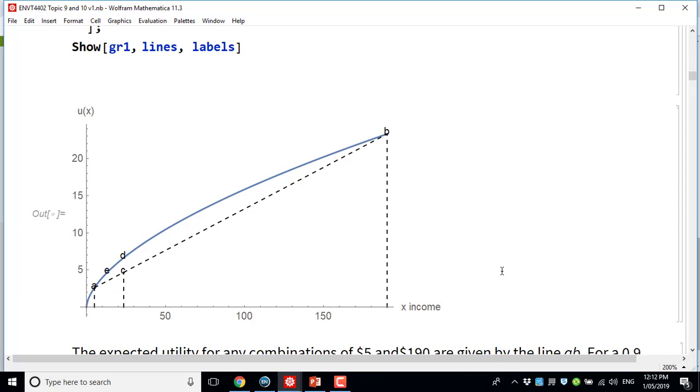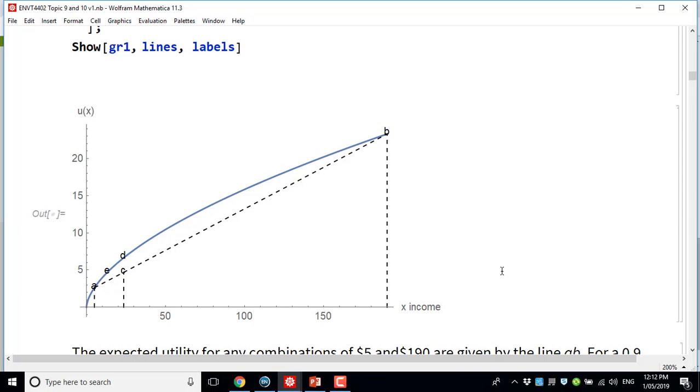And we are saying that there's a chance of getting either a $190 payment or a $5 payment. We can calculate the expected value of the lottery, of the gamble, and then we can also plug in a utility function for a risk averse decision maker or an individual.